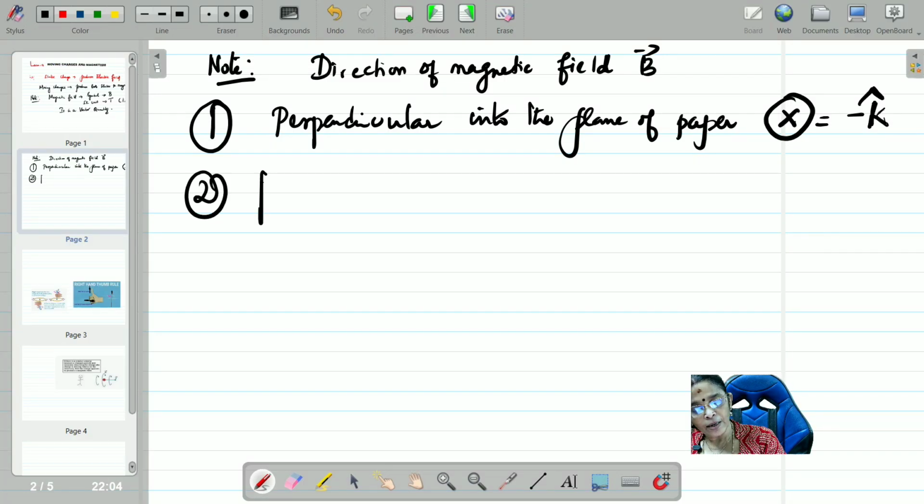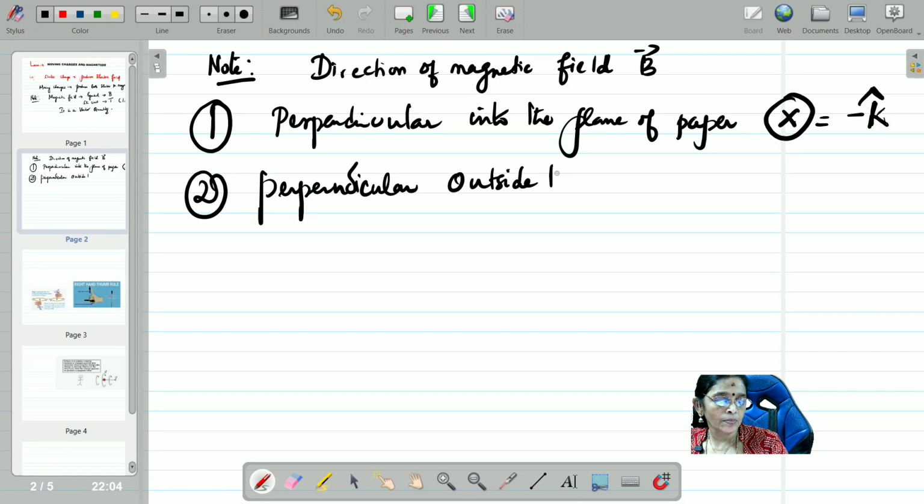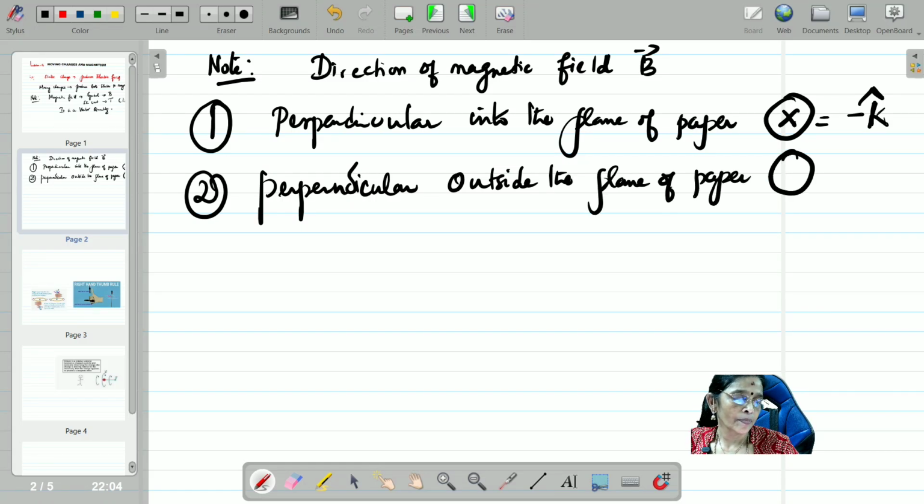Next, perpendicular outside the plane of the paper is equal to plus k cap. So I know both into the plane of the paper as well as outside the plane of the paper, just the direction. This is how we need to represent.